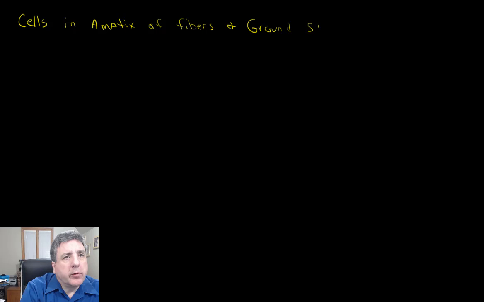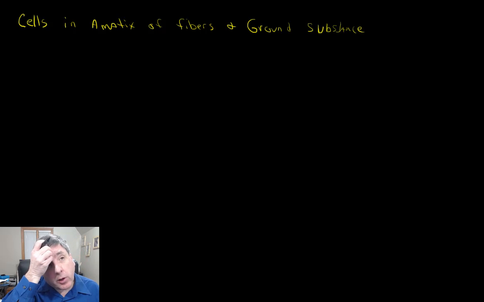Connective tissue is cells in a matrix of fibers and ground substance. That's a U. So that's the definition of this.